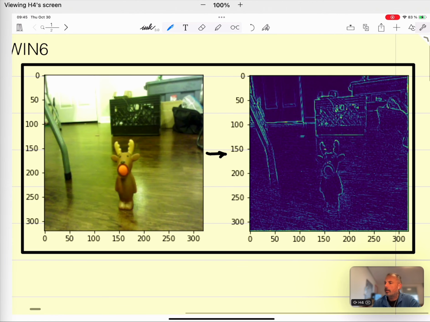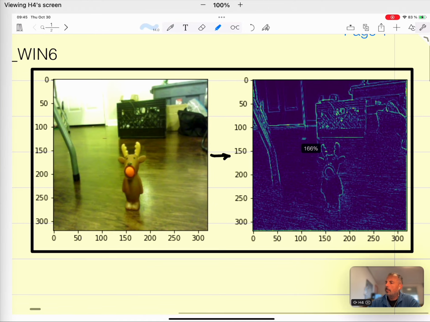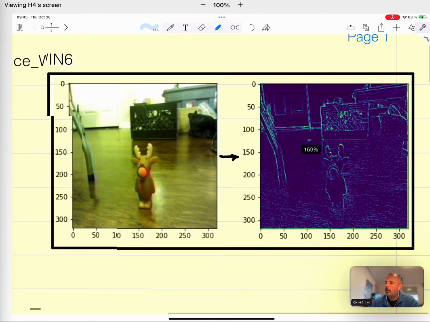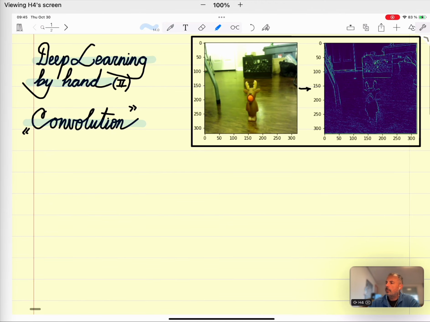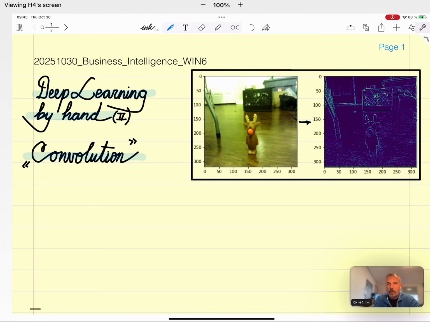We have one image and we want to extract, for instance, the edges of the toy there and the different furnitures. In order to extract this information from the image, we perform something called convolution. It's a standard procedure, and we will look at this today.